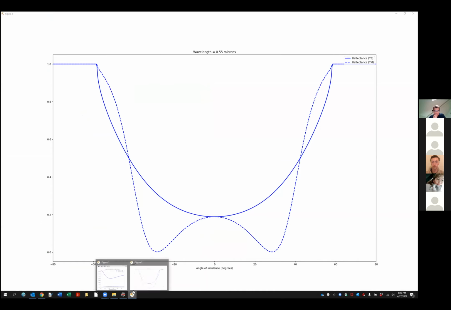That doesn't look right. Okay. So we're not getting total internal reflection at an angle of 33.7.